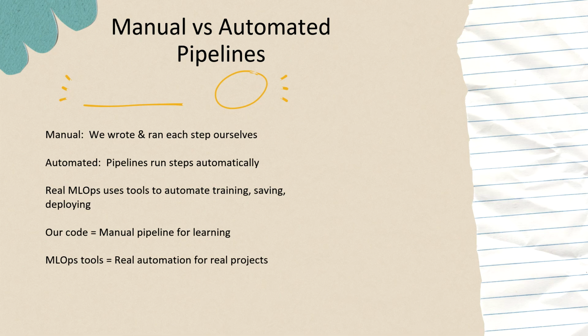This involves tracking the performance of the ML models in production environments, and also alerts to enable proactive maintenance. So basically we have Git for code changes, CI/CD like Jenkins, containerization with Docker, model serving, and for monitoring and logging we have Grafana. So that is about manual versus automated pipelines.